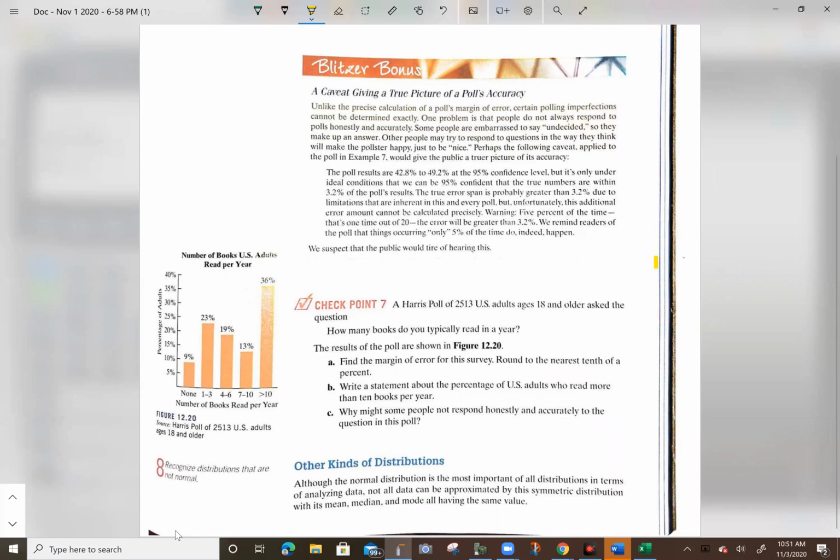I was just staring at this page forever before I read down here that it gave us the number. Now we can find the margin of error because we just used that formula from the page before, which is 1 over the square root of 2,513, times 100%.